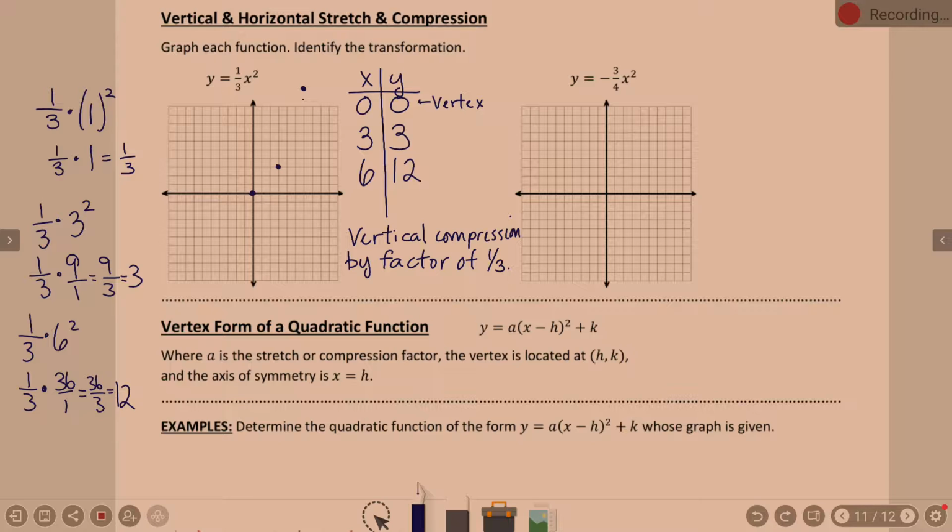I'm fine with that. Okay, I kind of put a dot to kind of represent the missing one, and I'm fine with that. Now, a little bit harder if you're going bigger off the graph, but am I done with this graph? Oh, you gotta do the other side. Yeah, we gotta do the other side of the parabola, yes? And I didn't do an XY chart for the other side, because it's a parabola, it's symmetric. So now I need to go left 3, up 3, and left 6, up 12.